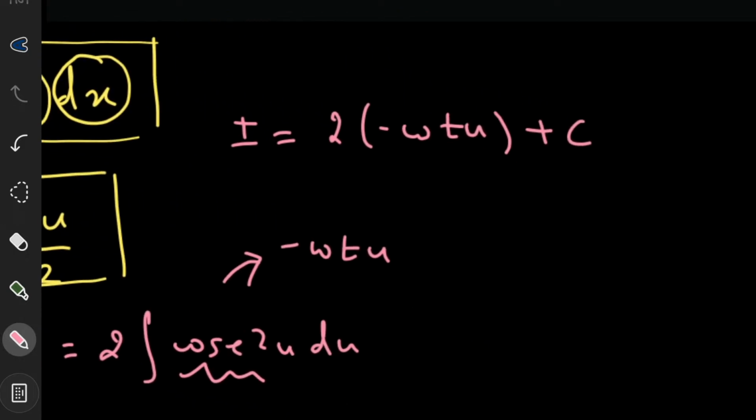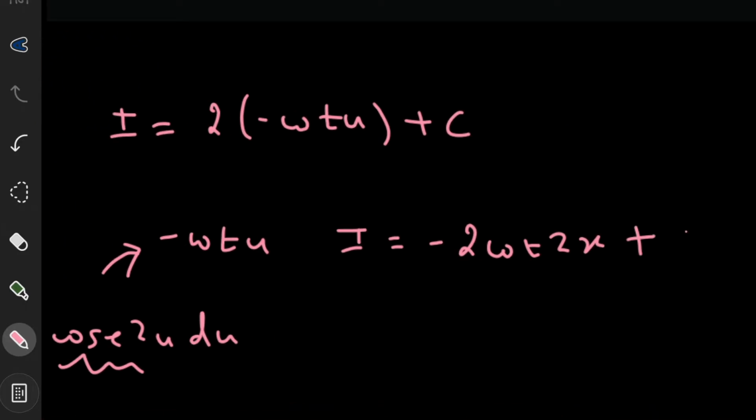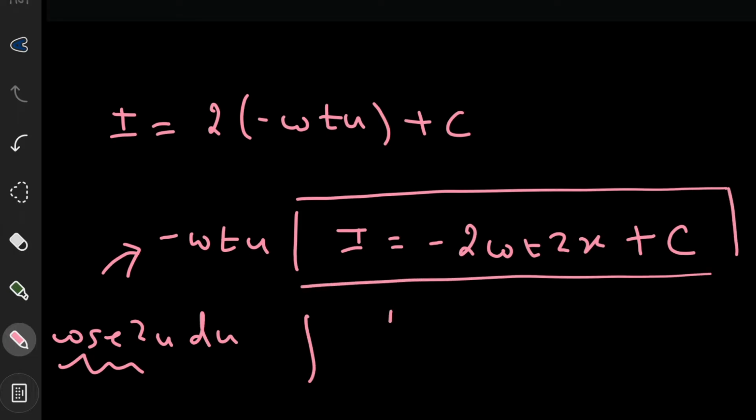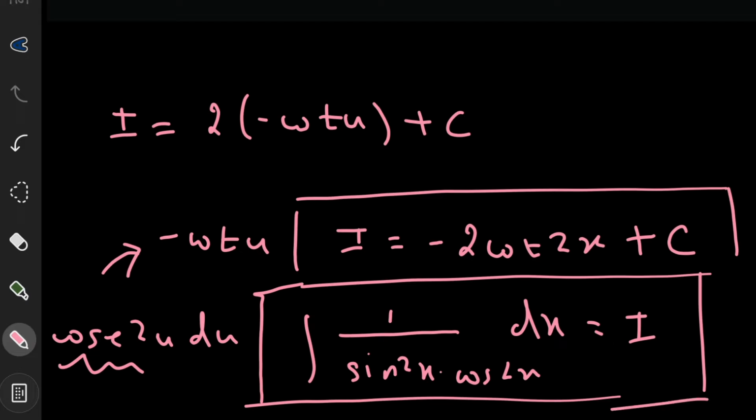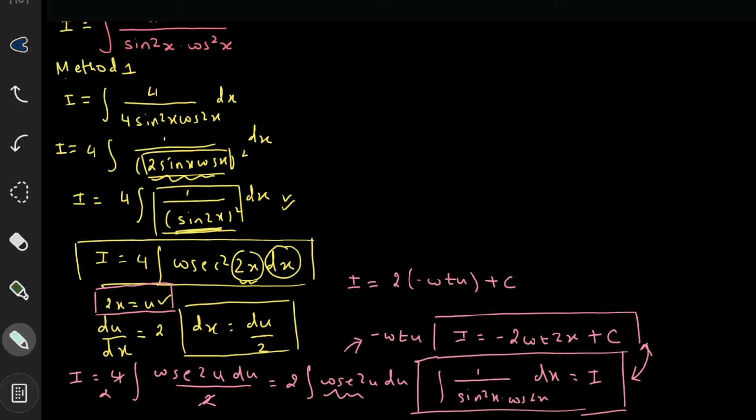Therefore, we finally have the value of I as equal to negative 2 times cot 2x plus the constant c. So here we have got the value of I, that was the integration of 1 upon sin square x into cos square x with respect to x. This was equal to I, and hence we have got the value for this particular integration. So this was method number 1 to solve this particular integration.